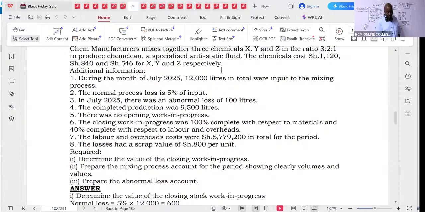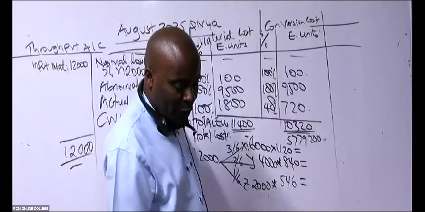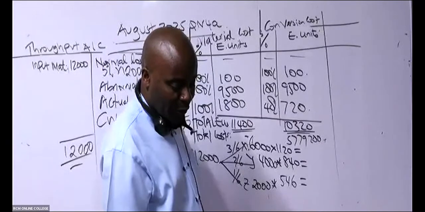So costs per unit, you can see the chemicals here now, X, Y, and Z. They cost 11.20, 8.40, 5.46. So is there somebody who is able to give me these figures? I'm waiting for you guys to give me these figures pretty fast.